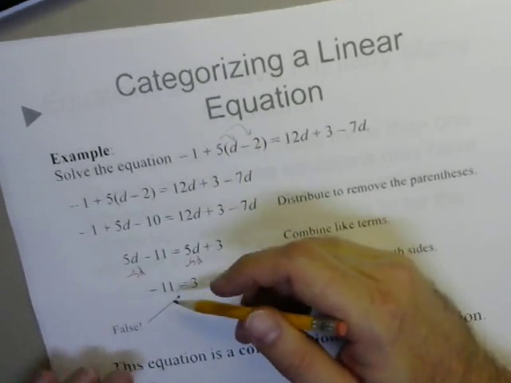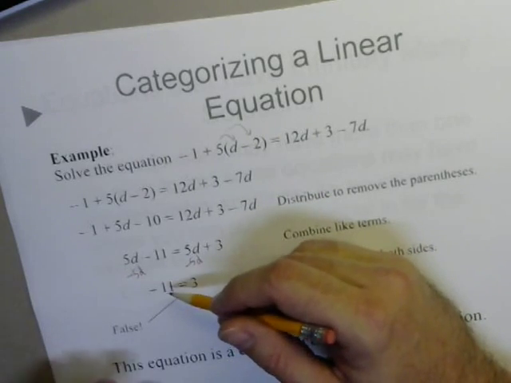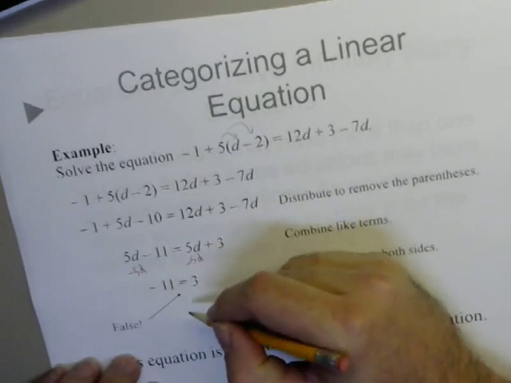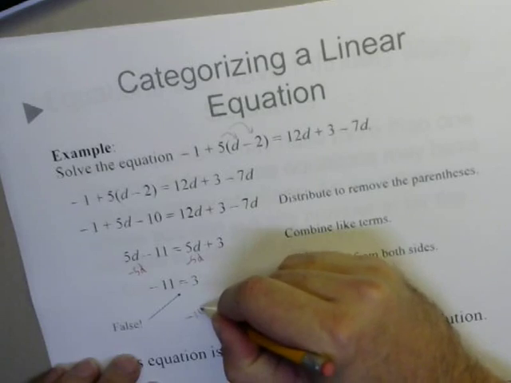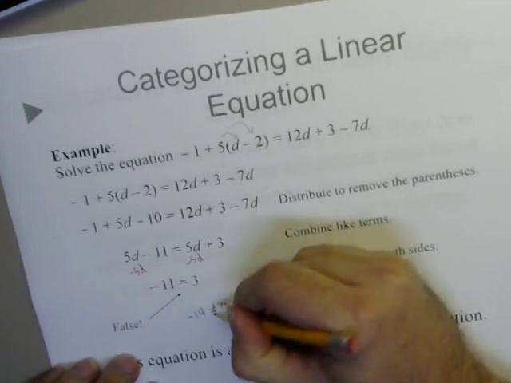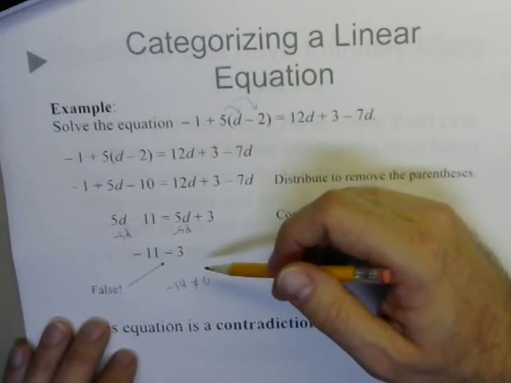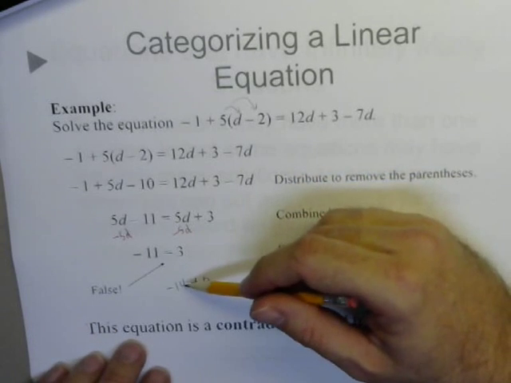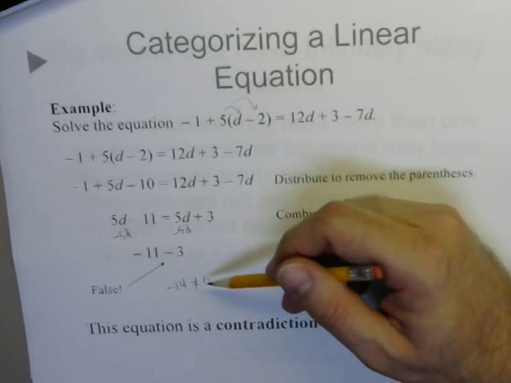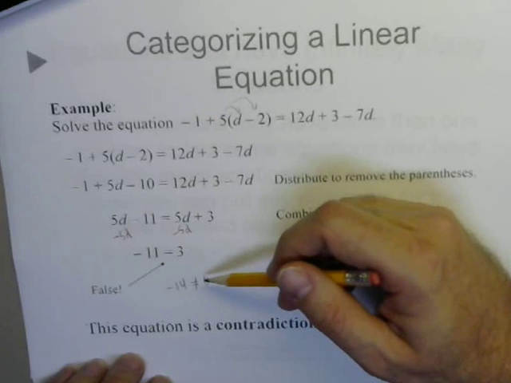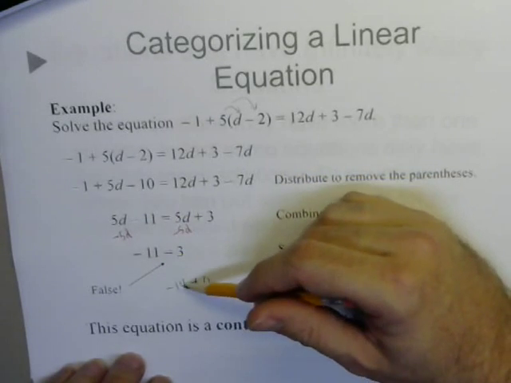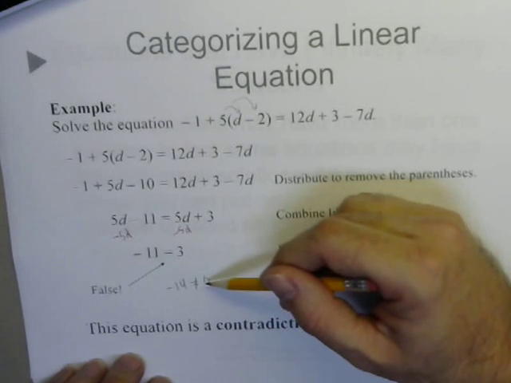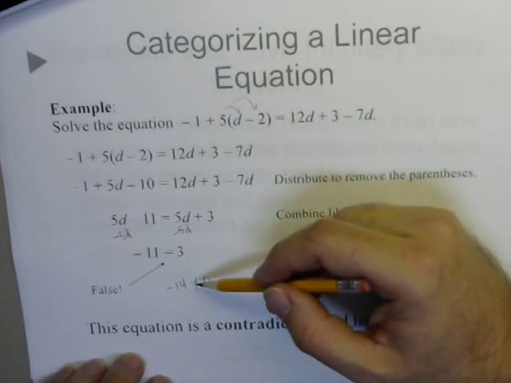You can even boil this down further by subtracting 3 from both sides, and you'll get negative 14 is equal to 0, which doesn't make sense if you think about it. I mean, negative 14 degrees is not the same thing as 0 degrees. So if that ever happens, the variable disappears and you get different numbers on both sides, then it's a contradiction.